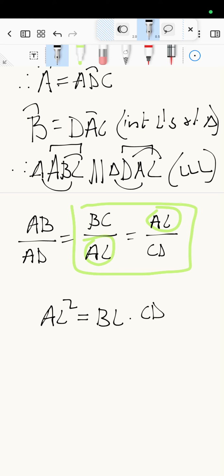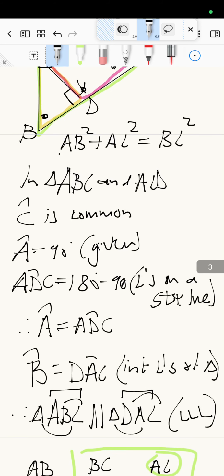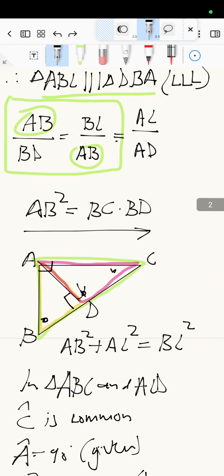Yes, I swapped it around just so I can have my AC on my left. I multiplied both sides with AC and with CD, and it ends up giving us this over here. If we look back at what we're trying to prove, we have that part now.